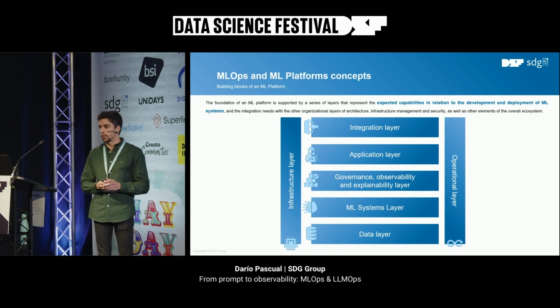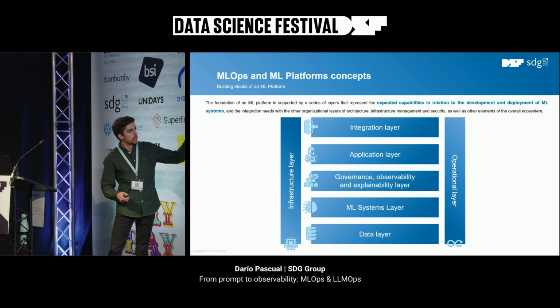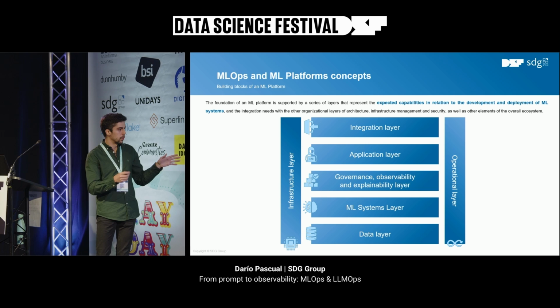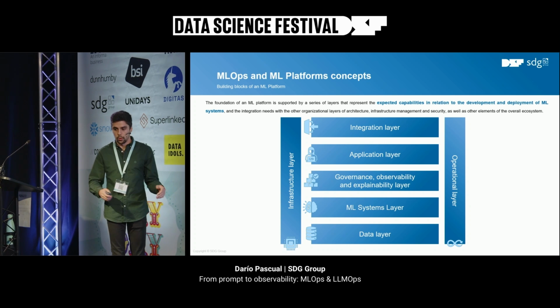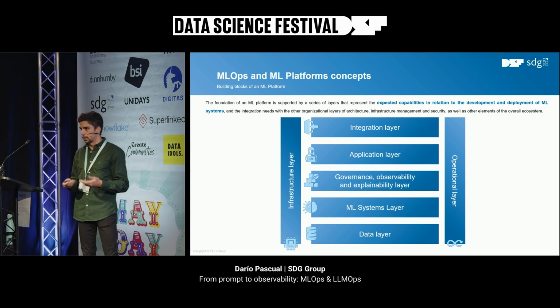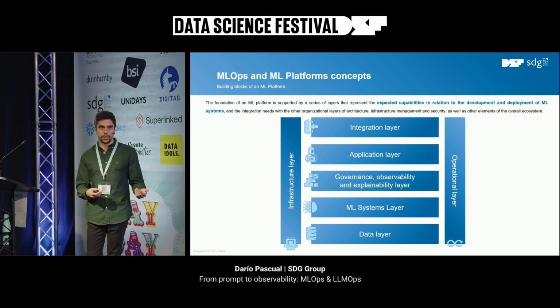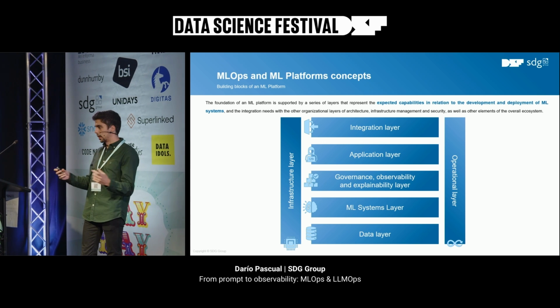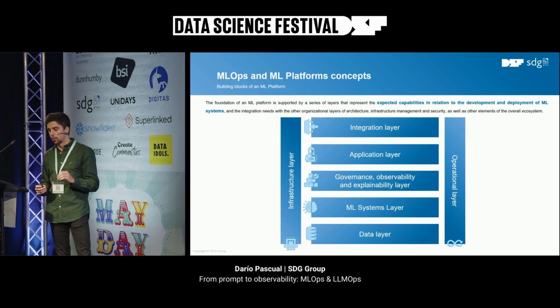of ML platforms. Okay, so we have two transversal layers, the infrastructure layer and the operational layer, that connect with the other five and each other. Starting from the bottom, we have our data layer, where we connect with our data sources, essentially in the machine learning process. The ML system layer itself, where the machine learning takes part, and the governance, observability, and explainability layer, which is the central layer of this talk, and I go into a more detailed view in the next slides.